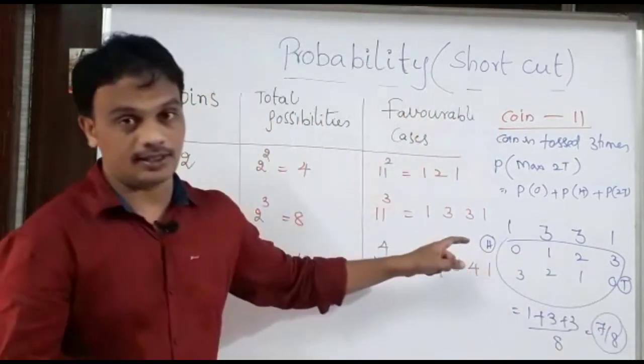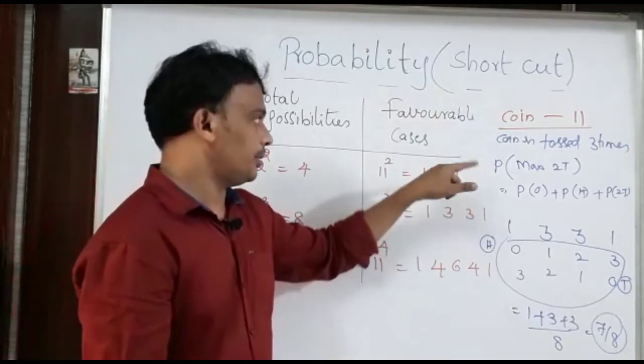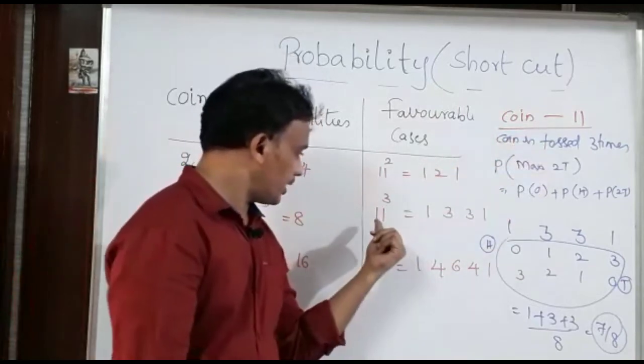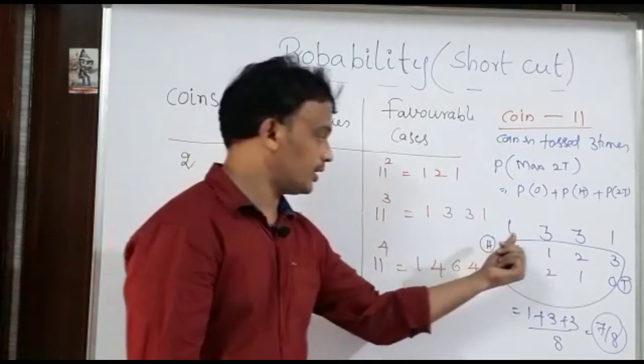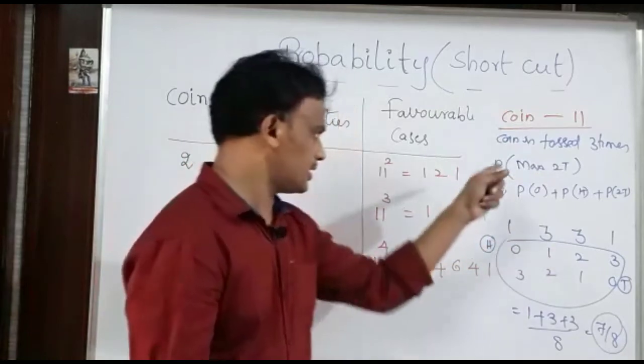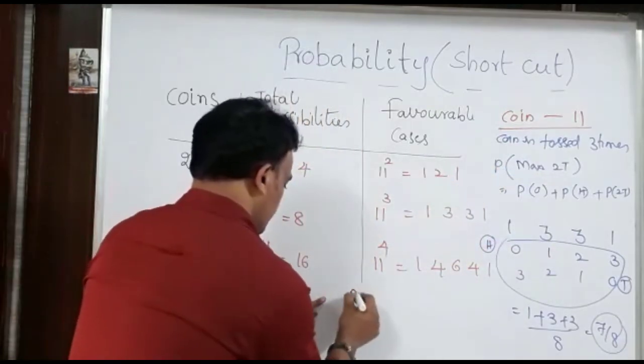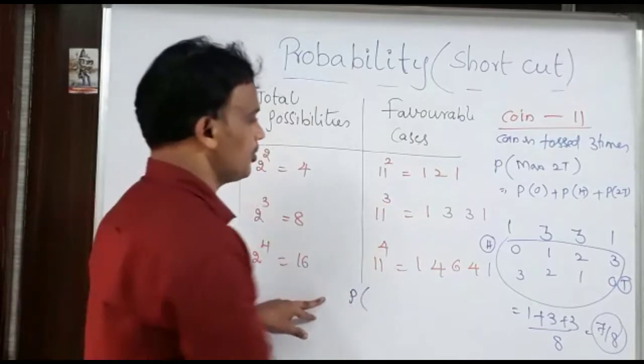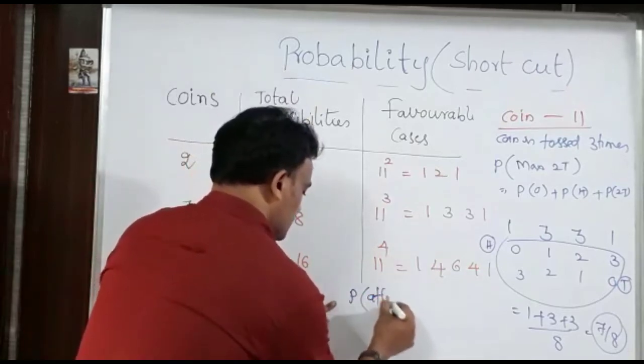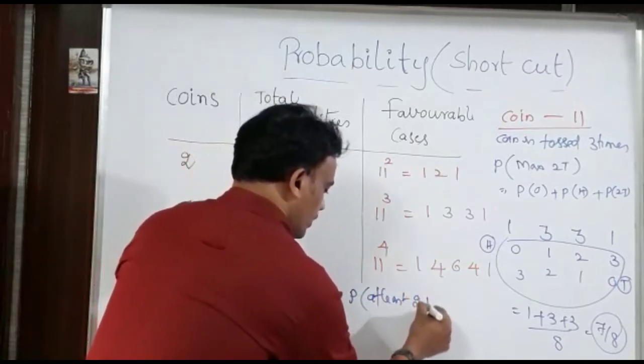Like this we can calculate, depending completely on (1+1) raised to the power of 3: 1 3 3 1. Suppose the same question: what is the probability of getting at least 2 heads?